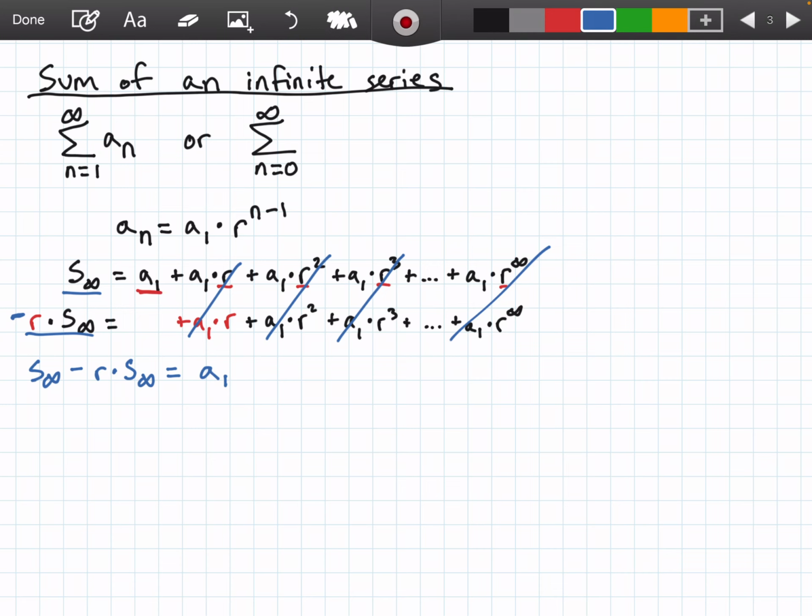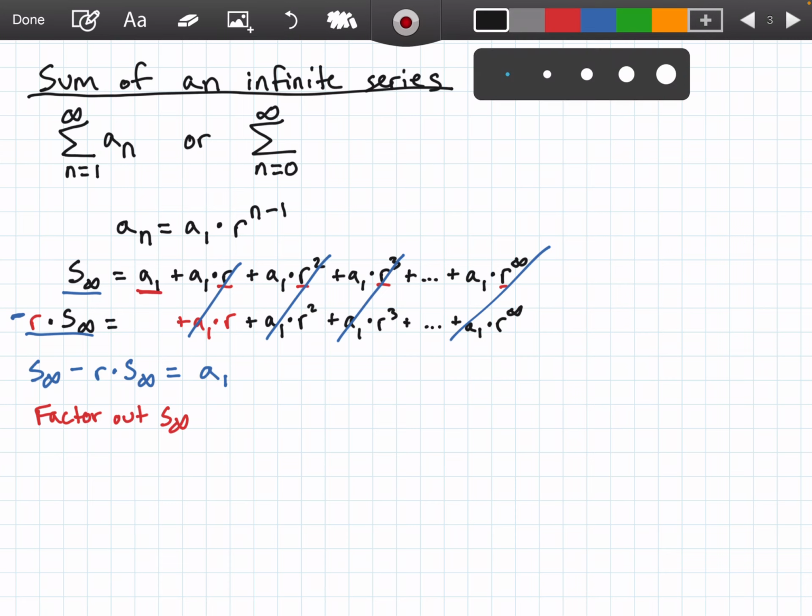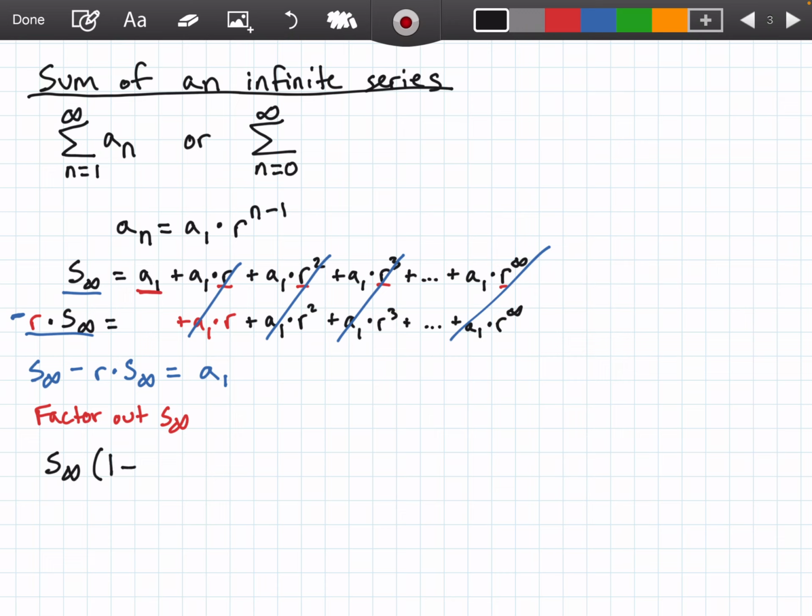And then I'm going to factor out the S infinity part. So that leaves the sum of the infinity. Well, sum infinity divided by sum infinity is 1, and then it'll just be 1 minus r there.